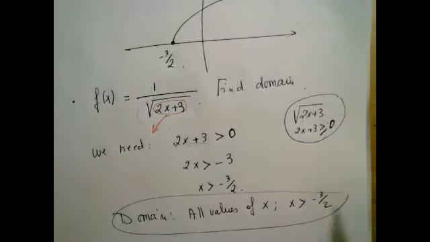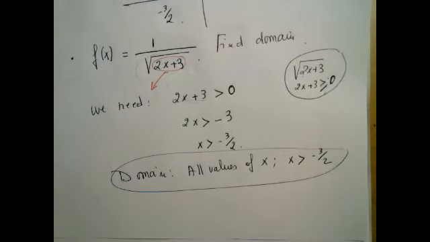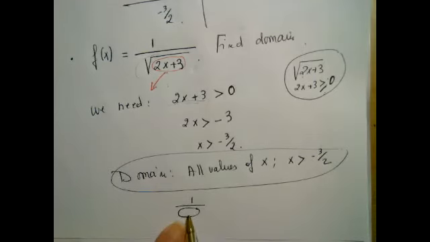So, at least for us right now, if a function is given by a formula, there are two scenarios where we can have problems. Every time my function involves a denominator, I have to be careful and remove the x's that cause the denominator to be 0.